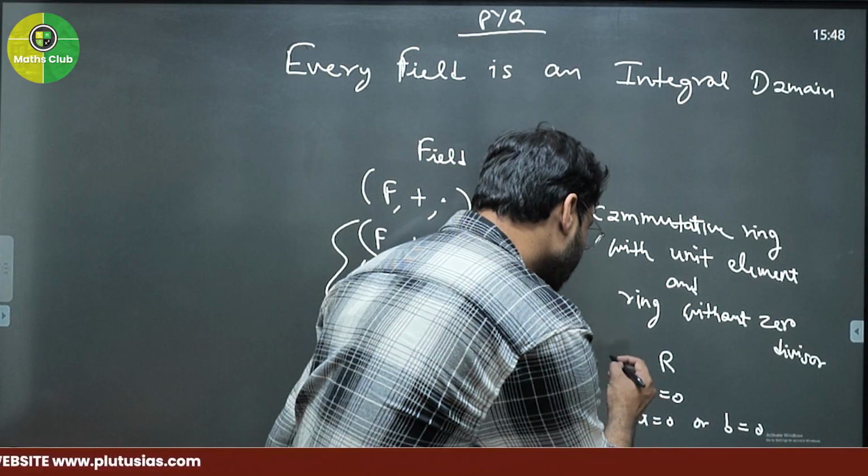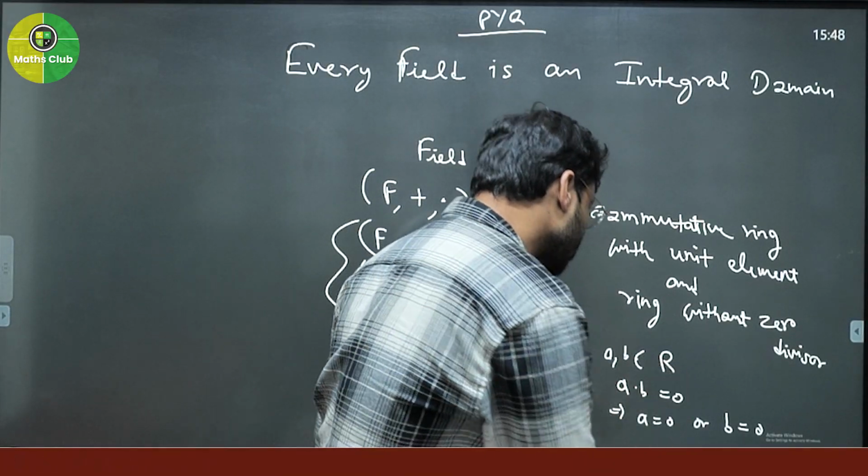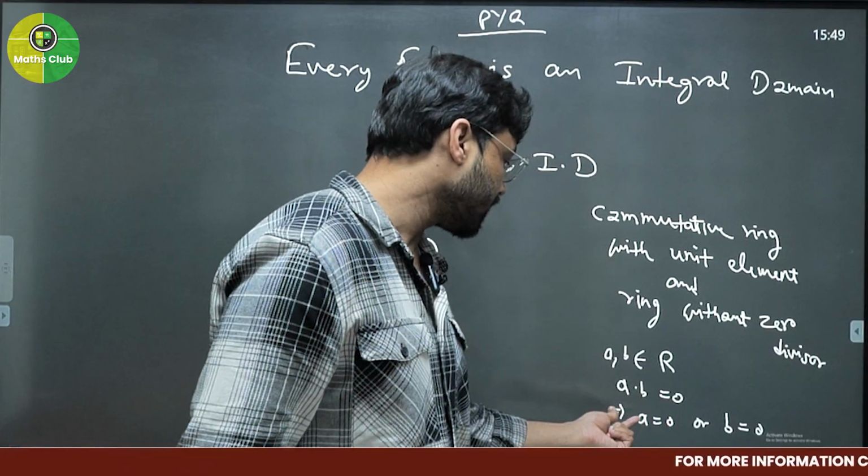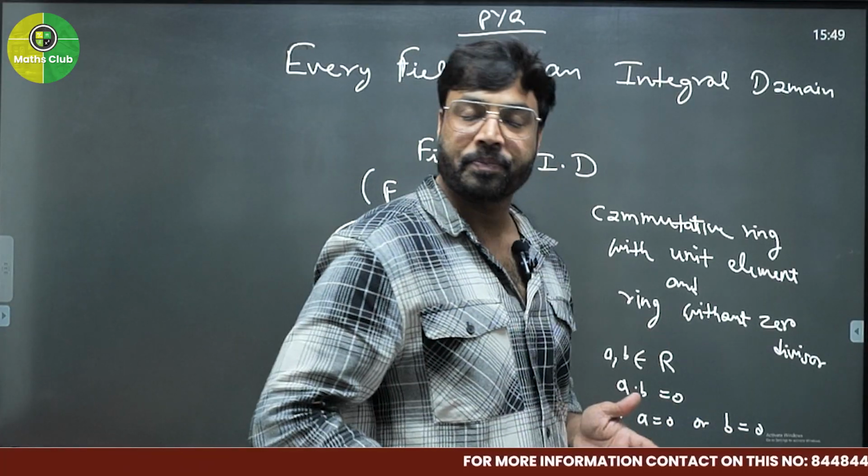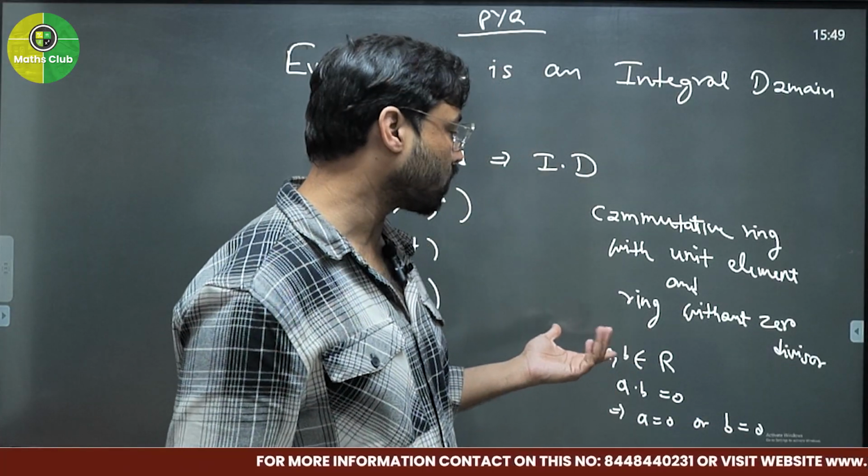That means whenever a, b belong to R such that a·b = 0, then either a = 0 or b = 0.